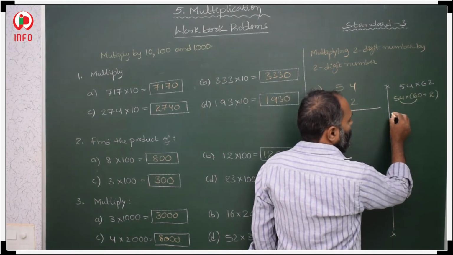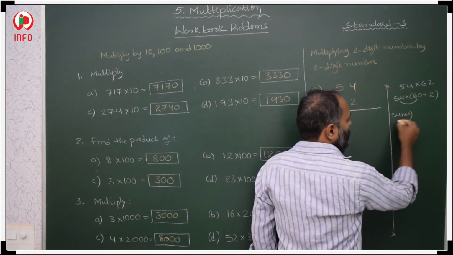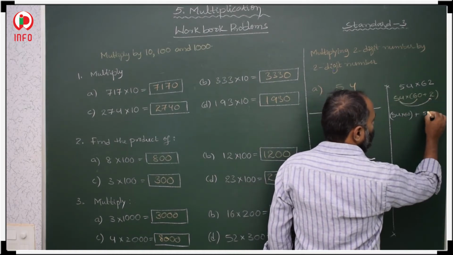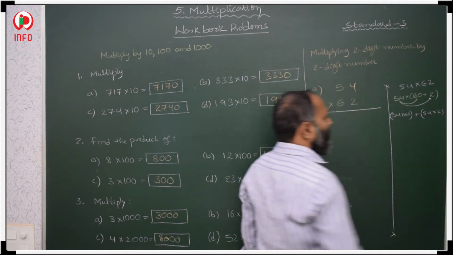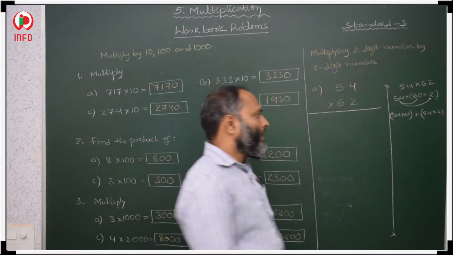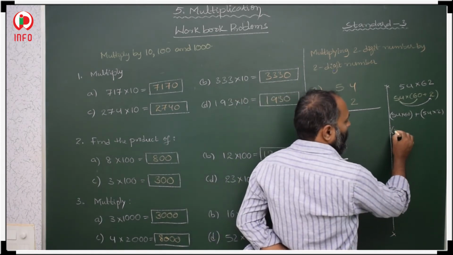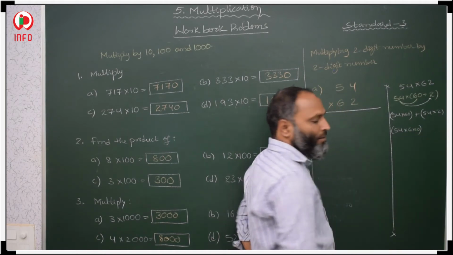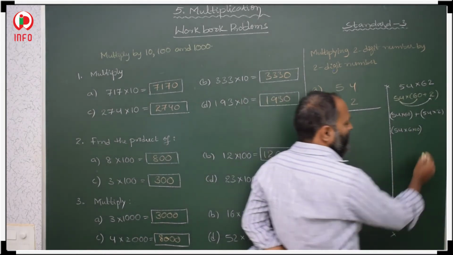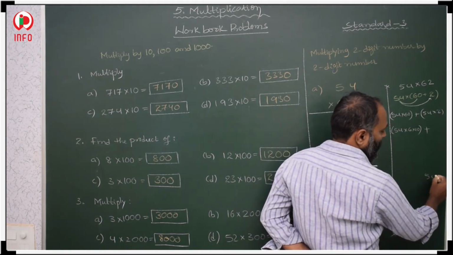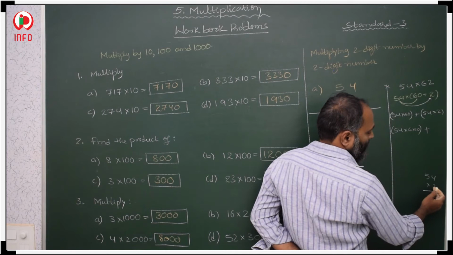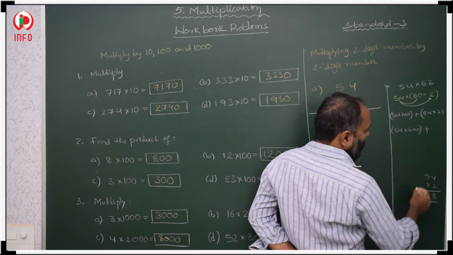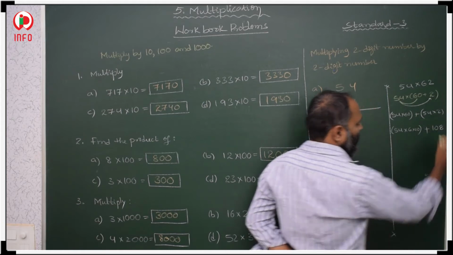54 into 60, then plus 54 with 2. 54 into 60 means 54 into 6 into 10. Plus 54 into 2: 2 4s are 8, 2 5s are 10, it is 108.